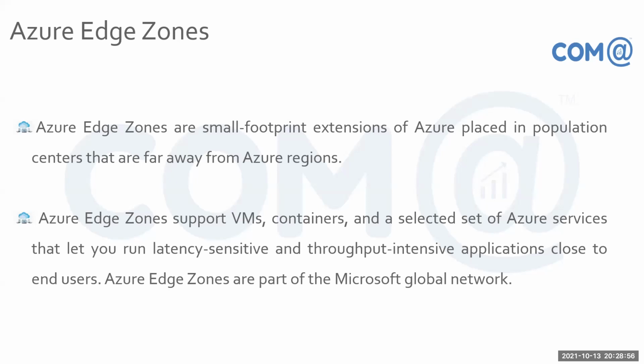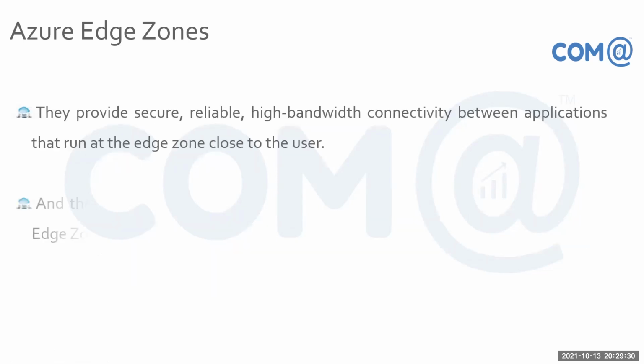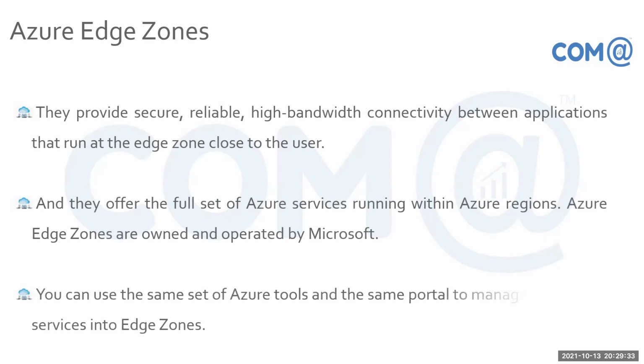Automatically, whenever the end user is trying to access your application, immediately Azure will understand from which location the user is trying to access the application, and immediately after identifying the user's location, the application or the information whichever the user is trying to access will be cached to the end user's nearest edge zone, and from that cache location the service is delivered, so that the latency will be very low, and the user will experience the fast performance.